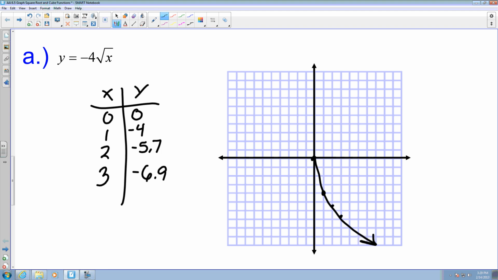And if you're concerned with domain and range, my domain, which is the set of x values, would be x greater than or equal to 0, and then for my range, my y values, it would have to be less than or equal to 0. So you're going to get negative values here.